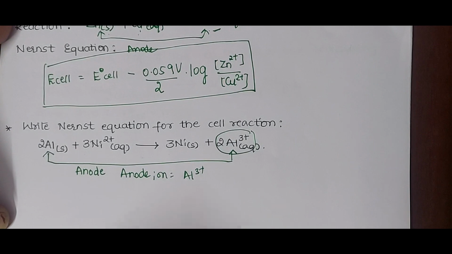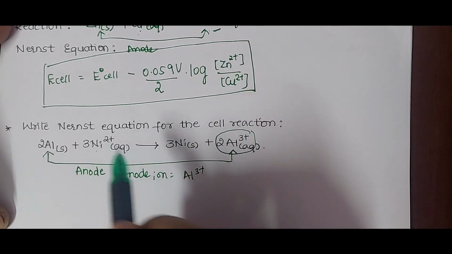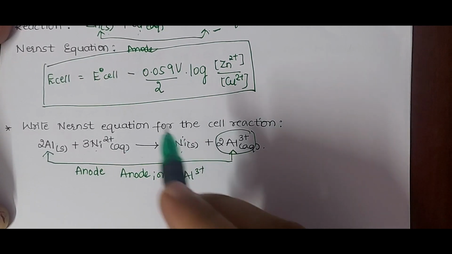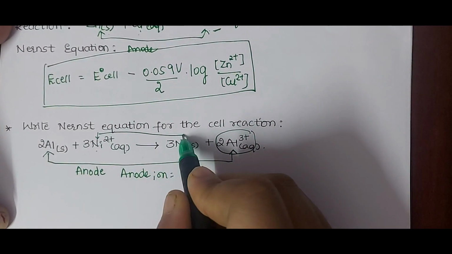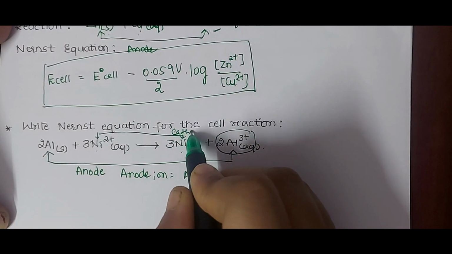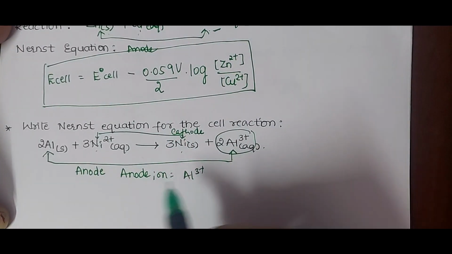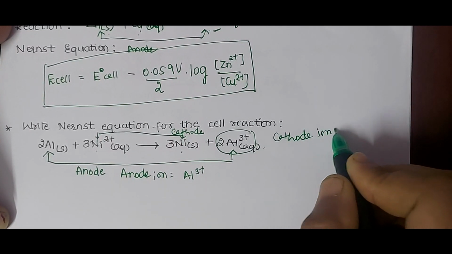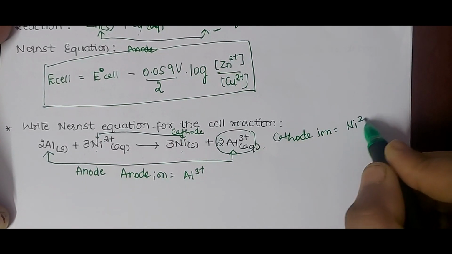Similarly, if you look here, what is happening? Ni2 plus is forming Ni. That means from plus 2 it is changing to 0 oxidation state. It is undergoing reduction, and when it is undergoing reduction, it is which reaction? Cathode reaction. So what is your cathode ion here? Cathode ion is equal to Ni2 plus.